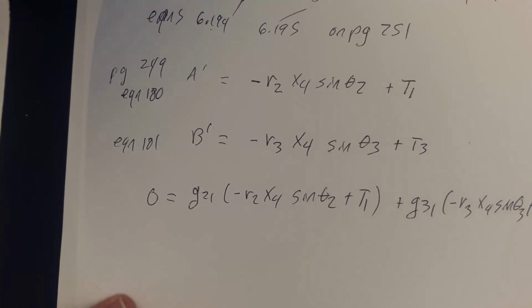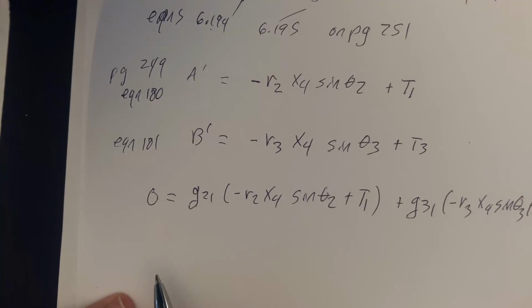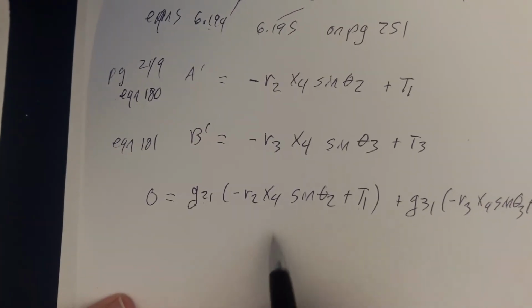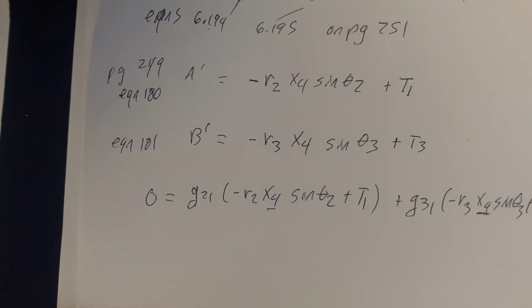We really would want an expression for x4, and so we can think of just trying to isolate x4 as what we're going to do algebraically. And so it's convenient to leave all these terms, G21, T1, T3, G31, they can all be expanded, but there's no sense in doing that now because we still got to do some algebra to isolate x4. Because x4 shows up here and here. And so why don't we isolate x4 and then substitute in all those values.